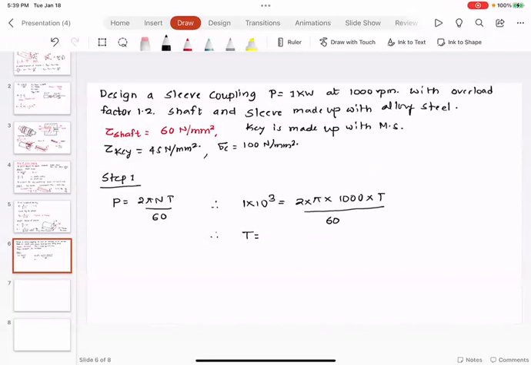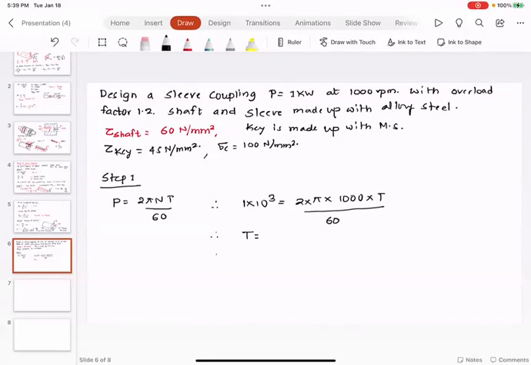Whenever you start a machine, the machine is at rest, so it has to overcome the inertia. It has to overcome the residual static friction. Kinetic friction is always less than the static friction. So the initial power requirement could be higher than the steady state power requirement. Initial torque could be higher than the steady state torque.